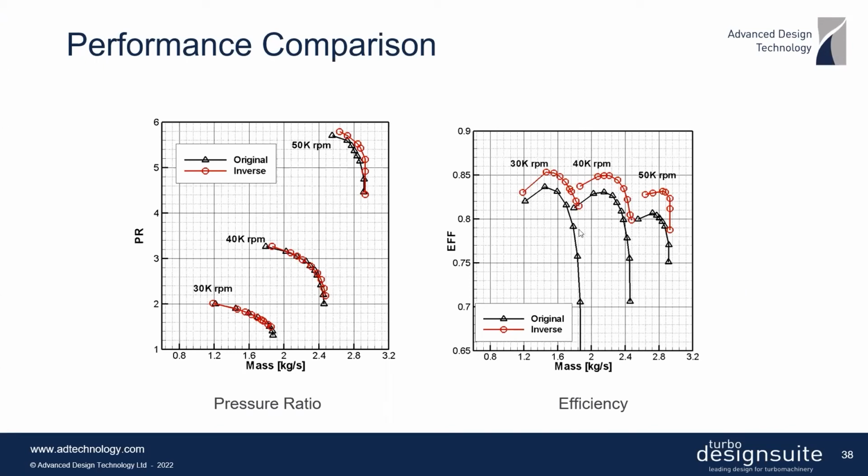And you can see in terms of the efficiency, we are gaining between 2.5 to 3 percentage points across the whole operating range. So not just at 100% speed, but also at part load conditions. And this is very important if, for example, this were a turbocharger compressor for a diesel or a marine application.